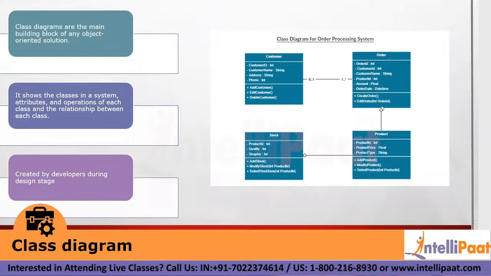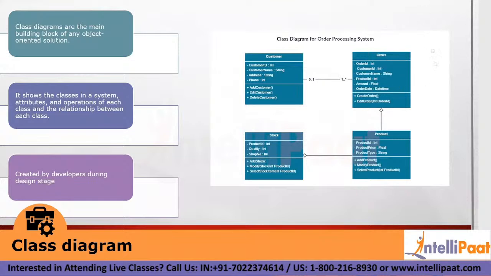What are these class actions? Create order, edit order. And how does this relate with this? So we have a line connecting them. So this class relates to it: once customer details are added, edited, or deleted, only then would the order class be available.